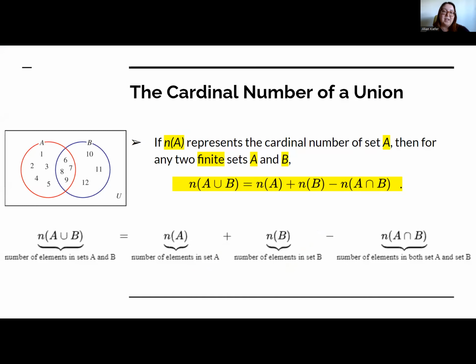So moving on from that, we have the cardinal number of a union. We learned about cardinality, or the cardinal number of a set, a while back, but now we can find the cardinal number of a union.